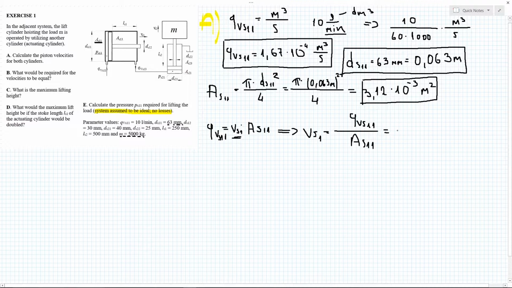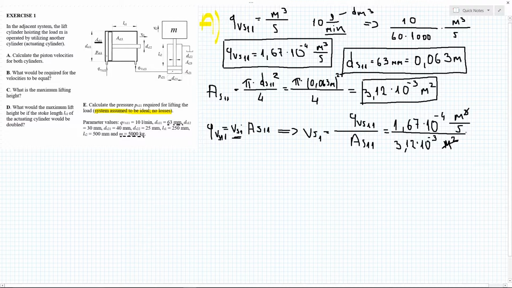And we know that the flow is 1.67 times 10 to the minus 4 meters cubed per second, and the area is 3.12 times 10 to the minus 3 meters squared. So we can basically do this.